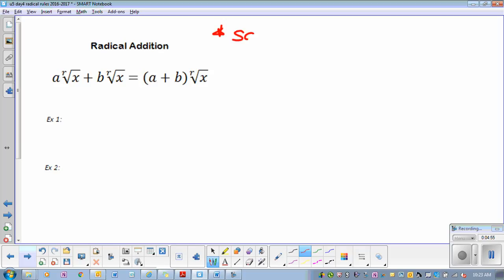They have to have the same root and the same radical. Okay, so let's write that down. When you have the same root and you have the same radical, that means everything inside the radical has to be the same, okay?